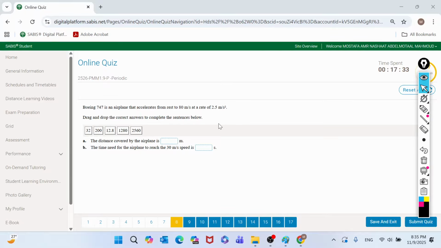The distance covered by the plane is... Okay guys, here we don't have the time, so we're gonna use the time independent equation, which is v final squared, so 80 squared, minus v initial squared equals 2a, which is acceleration, which is 2.5, 2a delta x, which is what we want to find.